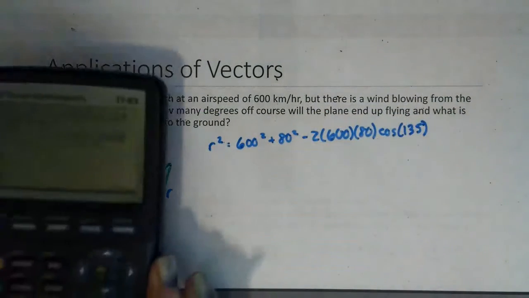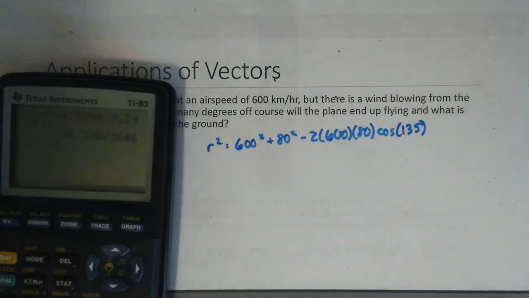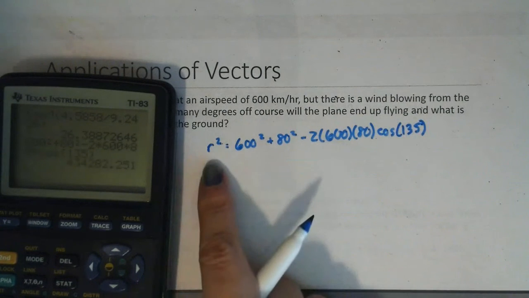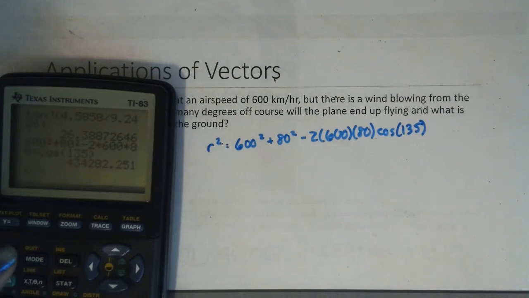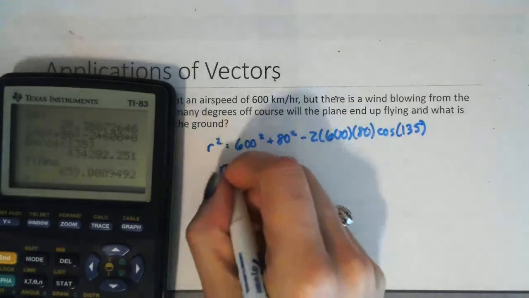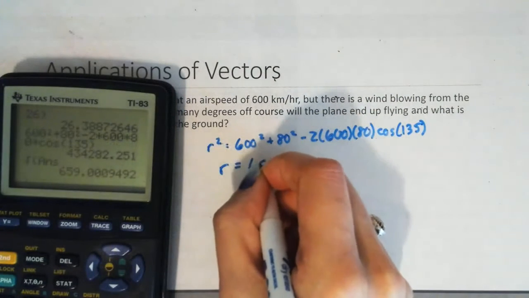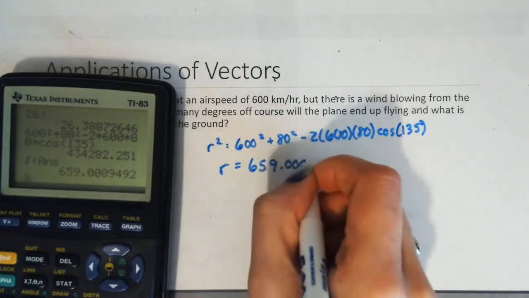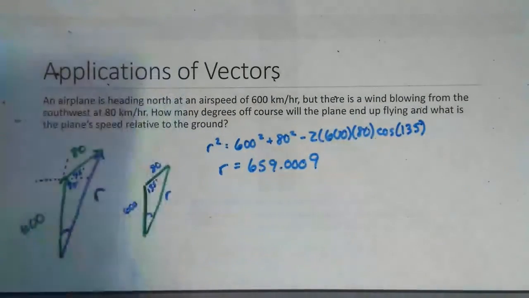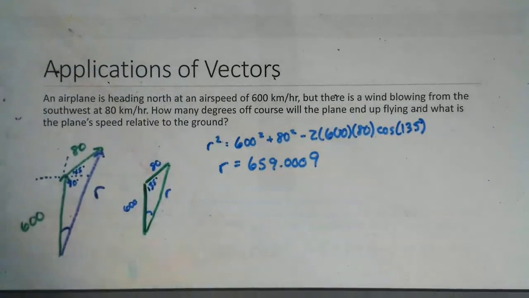That can all go straight into my calculator. Remember, that's R squared, so if I square root that, I get that R is equal to 659.0009.